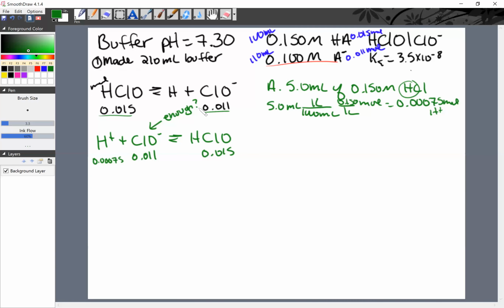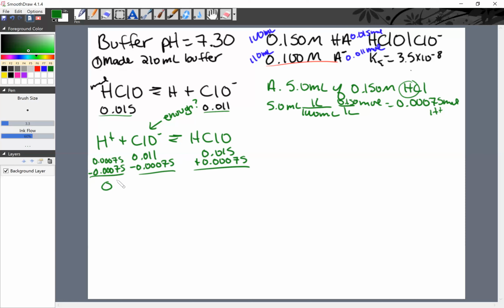So it's going to use all of the acid I threw at it. But every time I used up a little piece, I converted it into its weak pair.